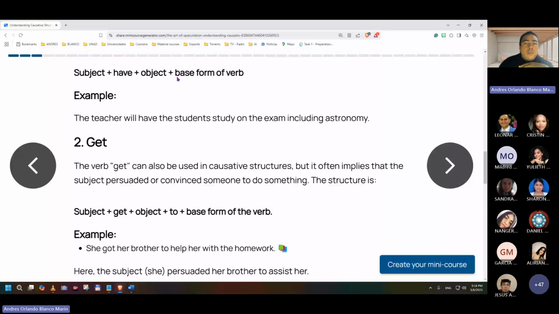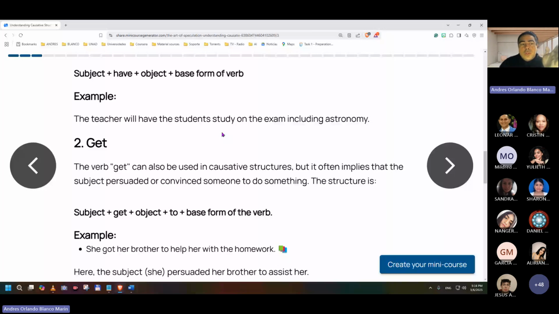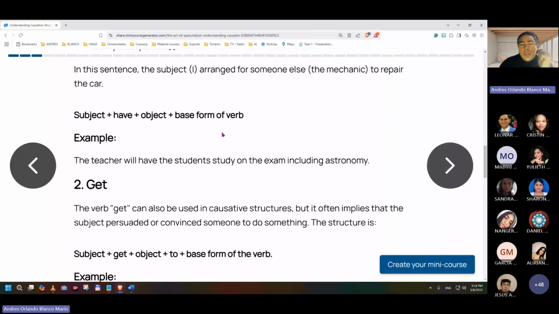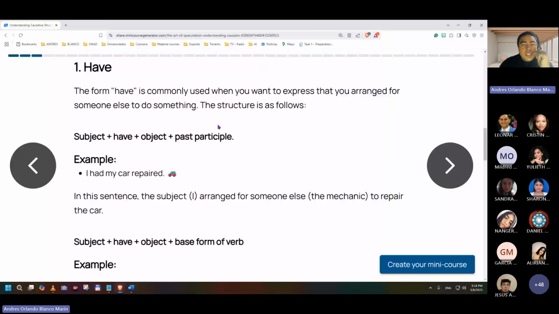The base form of the verb is study. So you can use have with the past participle or the base form of the verb, but it's most commonly used with the past participle because you can relate the use of have with the perfect tenses. You're just changing the order.